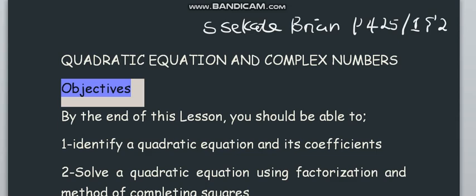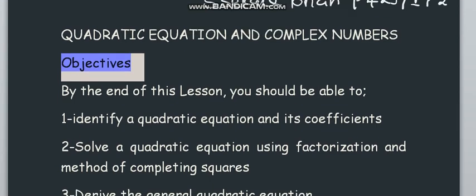Now, as we earlier said, we are going to look at quadratic equations and complex numbers. These are the objectives, what we expect at the end of this topic. One, by the end of this lesson, you should be able to identify a quadratic equation and its coefficients. For the coefficients, we are talking about a, b, and c.